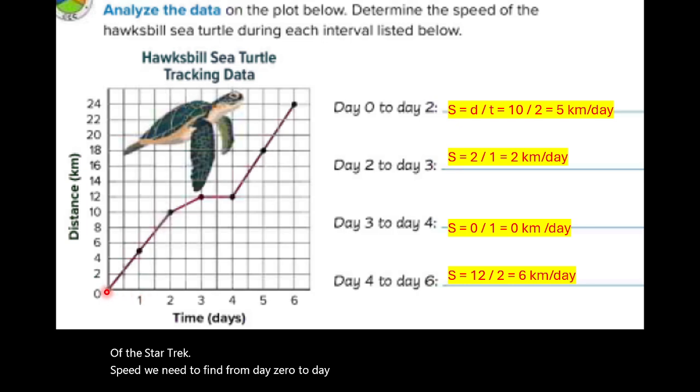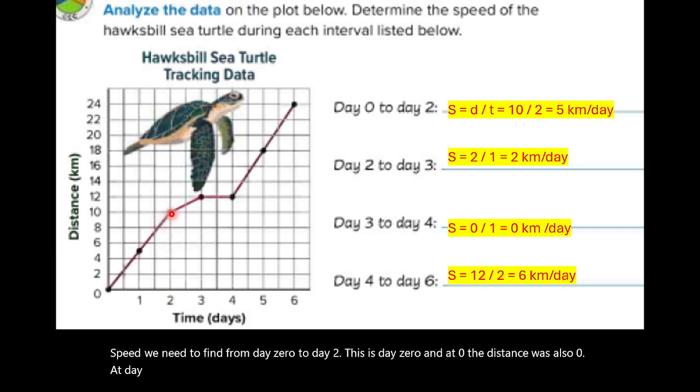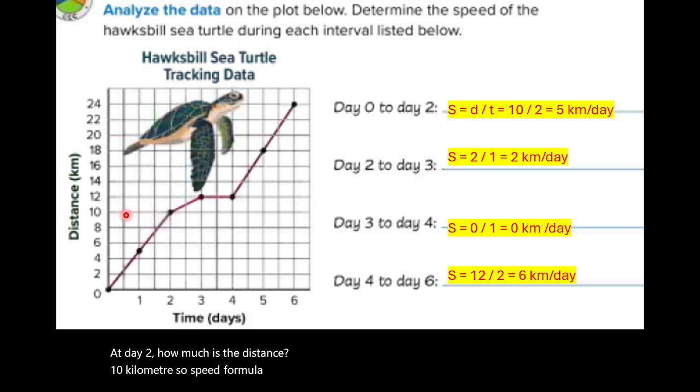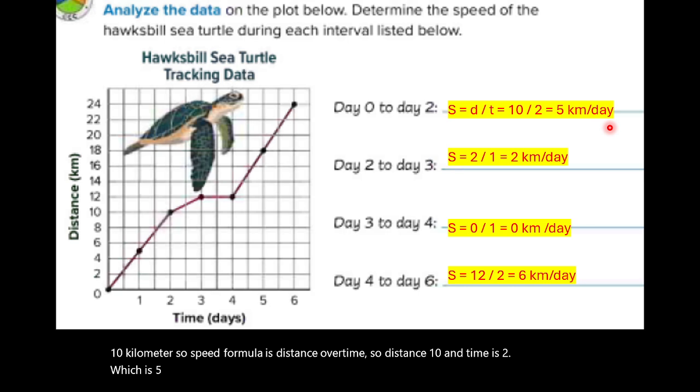This is day 0, and at 0 the distance was also 0. At day 2, how much is the distance? 10 kilometers. The speed formula is distance over time. So distance 10 and time is 2, which is 5 kilometers per day.